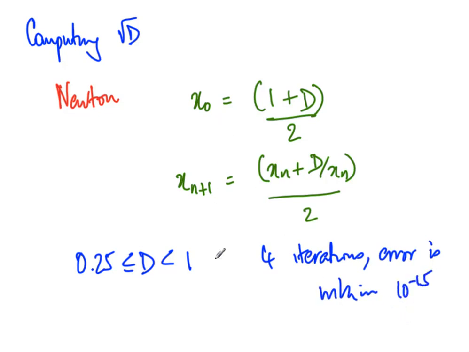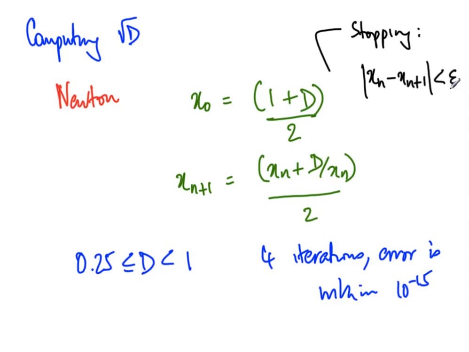Of course, this is an iterative thing, so you have to know when to stop. For stopping, you have two options. Either you can compare xn and x of n plus 1: if the difference is less than some threshold, then the value is not changing by much and you can stop.